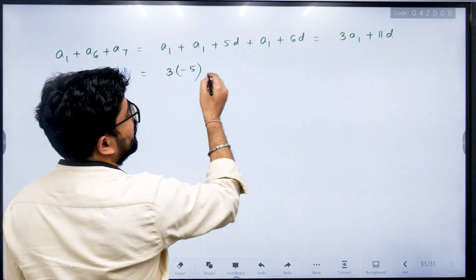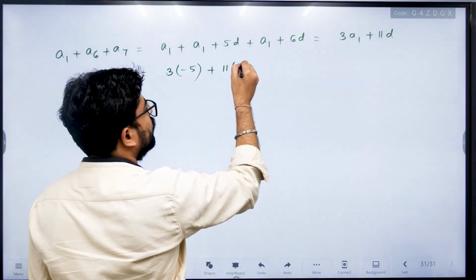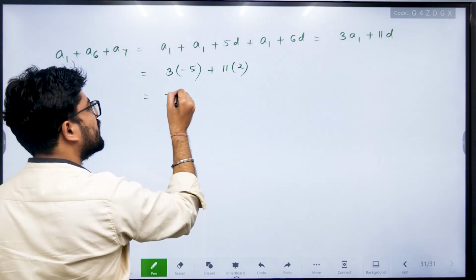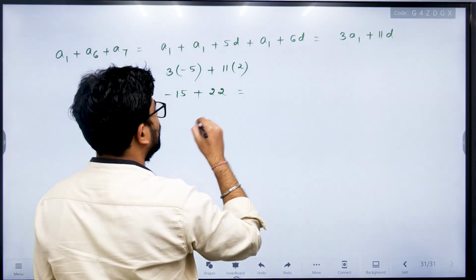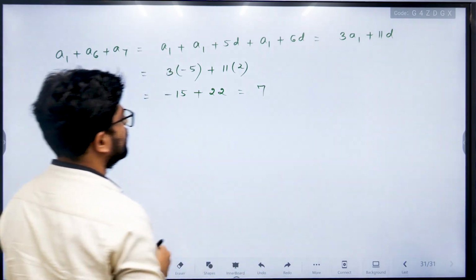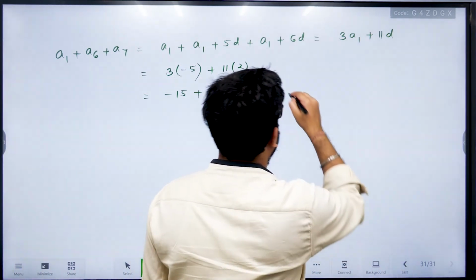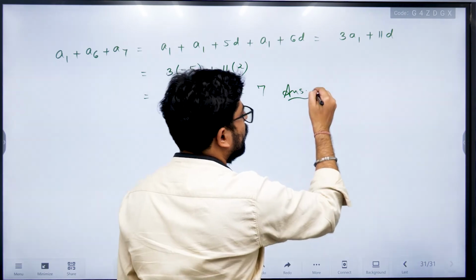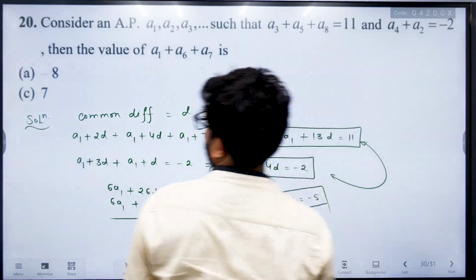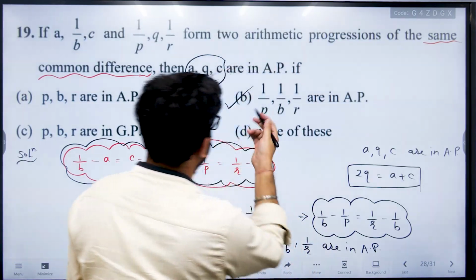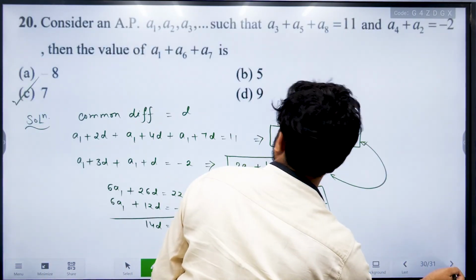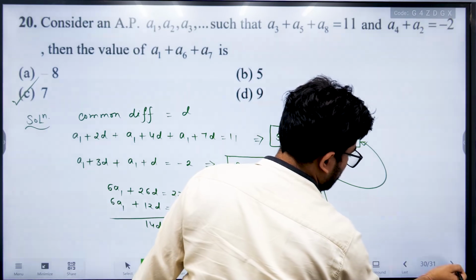So this is minus 15 plus 22, which is equal to 7. So 7 is the answer, and C is the correct one.